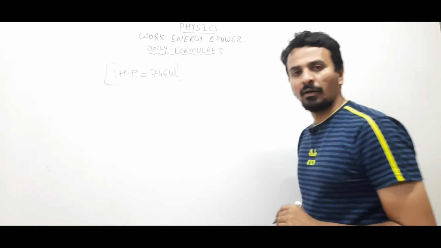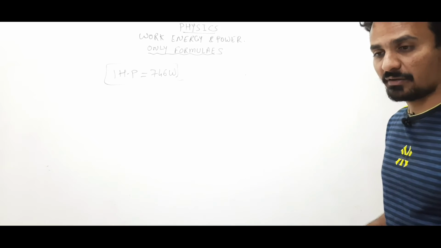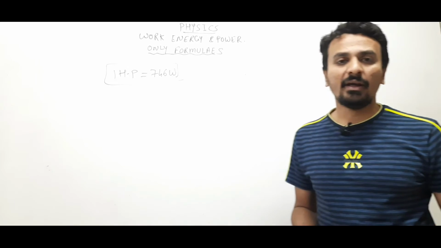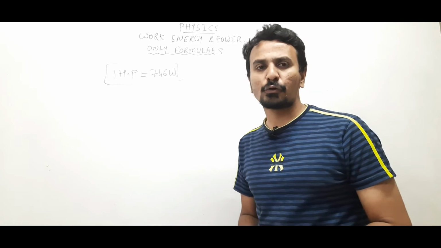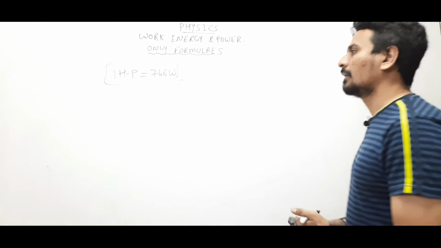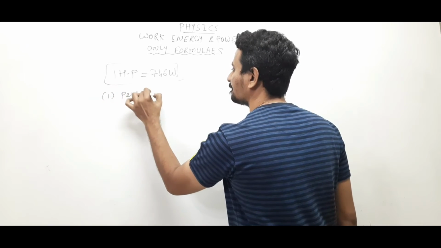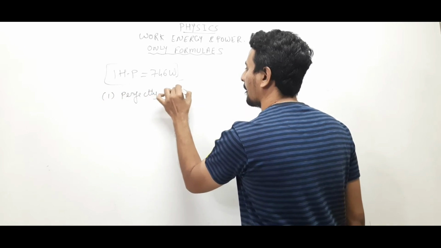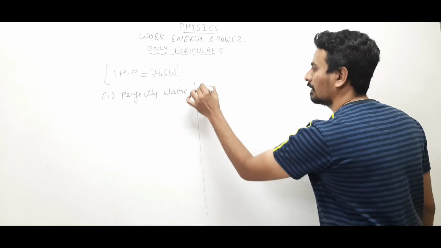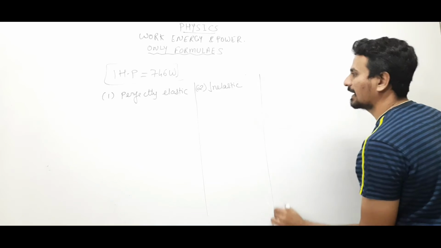Okay. Then we had discussed the types of collision. First of all, what is collision? Collision is an isolated event in which a very large force acts for a very short interval of time between two or more than two bodies. There are three types of collision: perfectly elastic, inelastic, and perfectly inelastic, right?